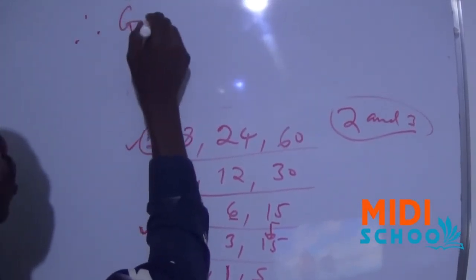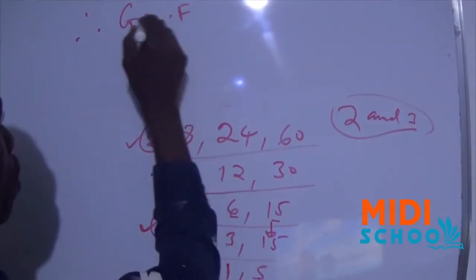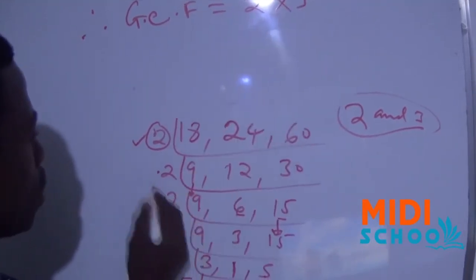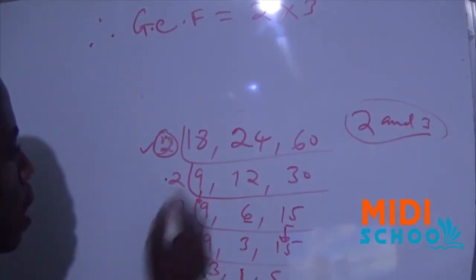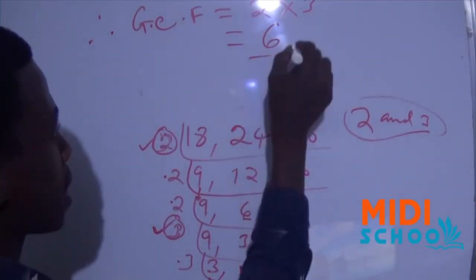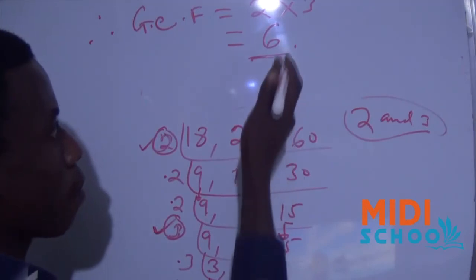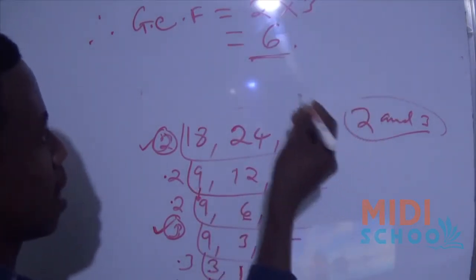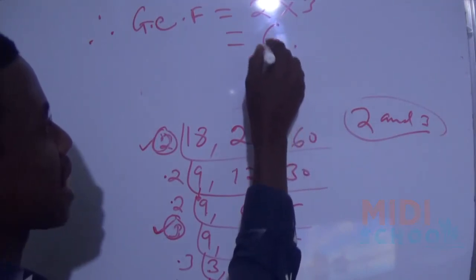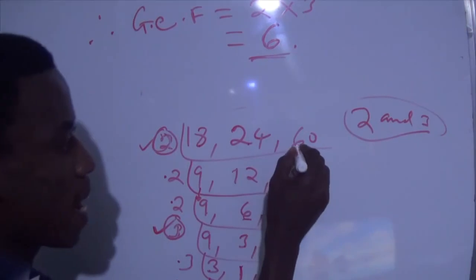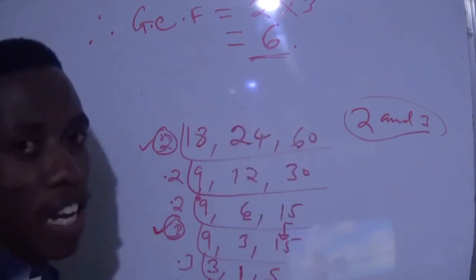Therefore, the GCF is equal to 2 times 3. We take the numbers which divided all the numbers, which we ticked. So it is going to be 6. So 6 will be the greatest common factor. That is, this is the greatest number which can divide 18, 24, and 60 altogether. And that's all.